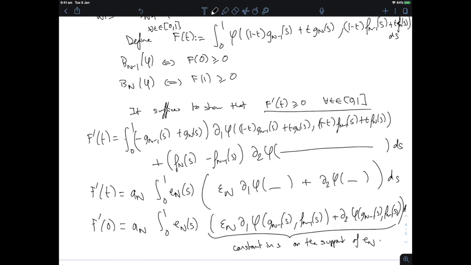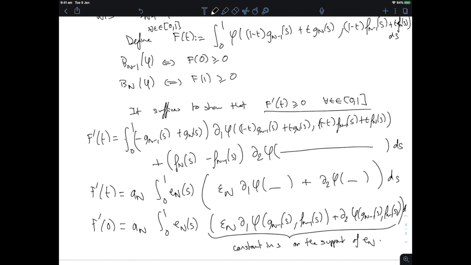Right, because the way these things are defined, g_{n-1} and f_{n-1} do not have an e_n component. They only have components for e_j's with j smaller than n, right? And so at this higher level in the Haar basis, all the functions will be constant on a tiny support like the one of e_n.